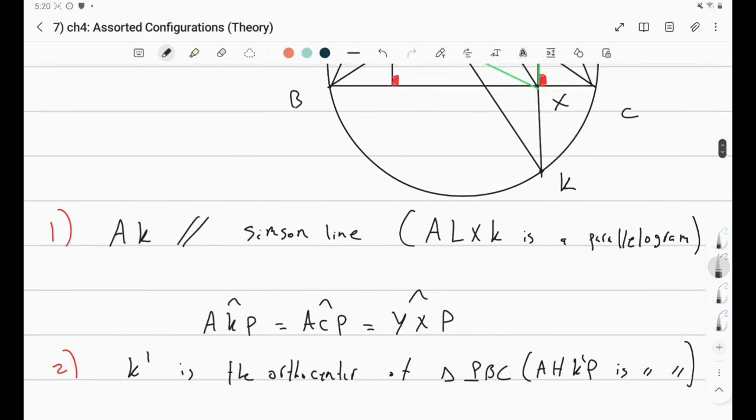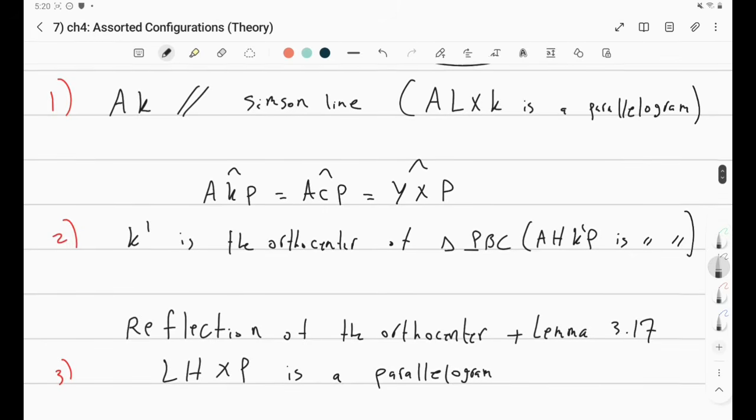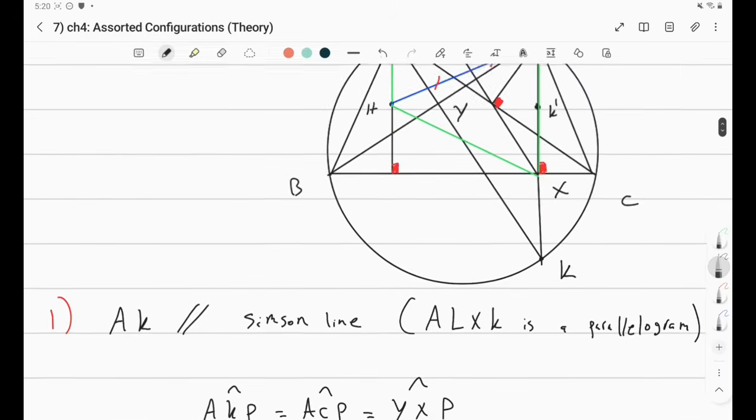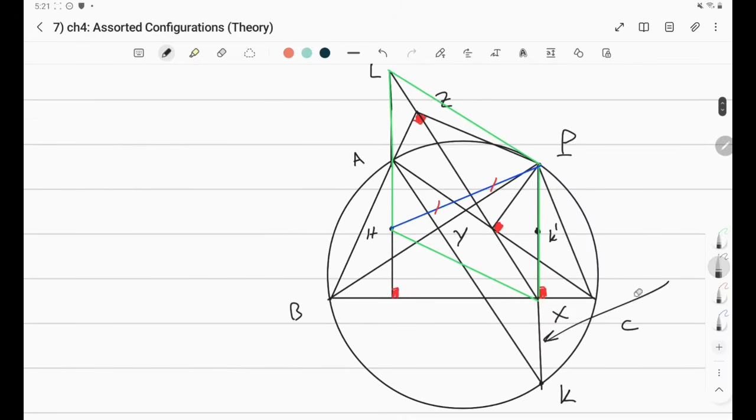You already know the sketch for the proof, so you can immediately remember the key points. Just extend this one here, drop a projection, continue this projection, then reflect it again, and then you have 3 parallelograms to show.